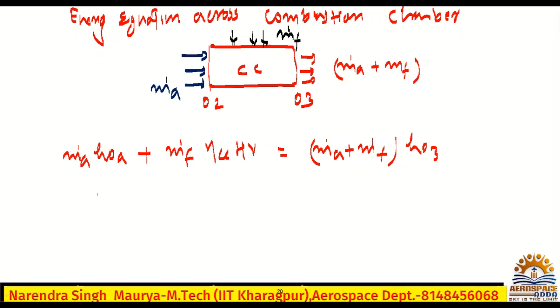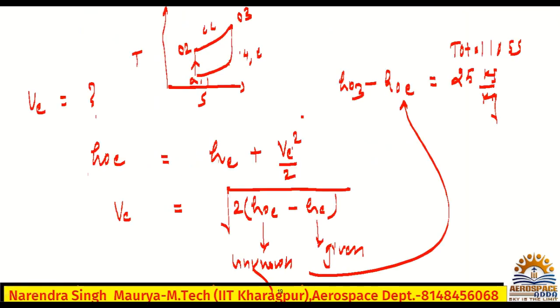All right. We don't have H naught A, we have to calculate it. What is the H naught A? H naught is the total enthalpy, and because at intake I'm writing H naught A here, no? But this is H naught 2. So what is station 2? This is station 2, this is the intake.